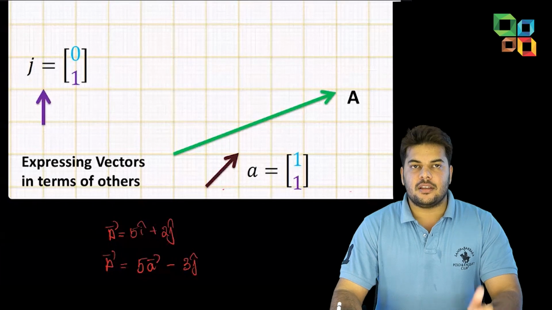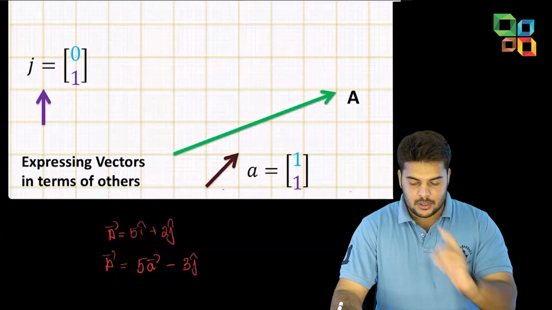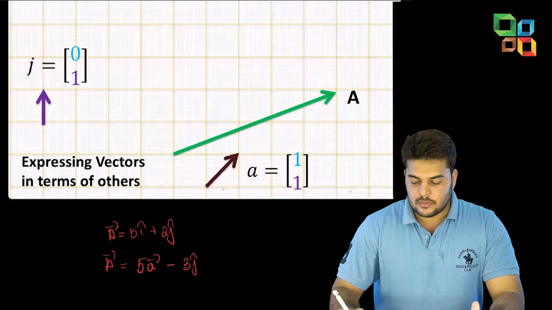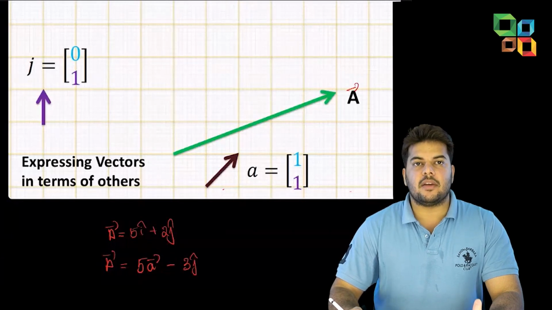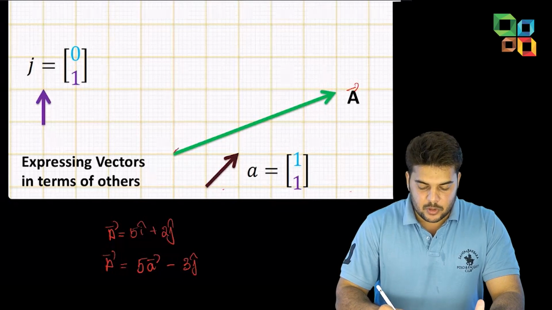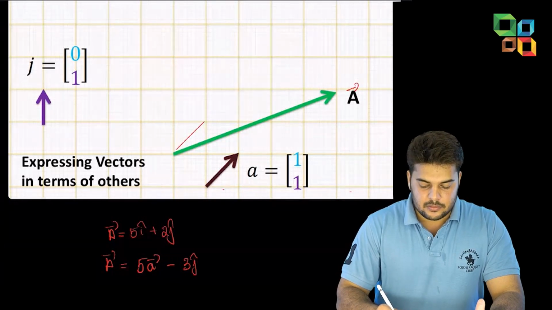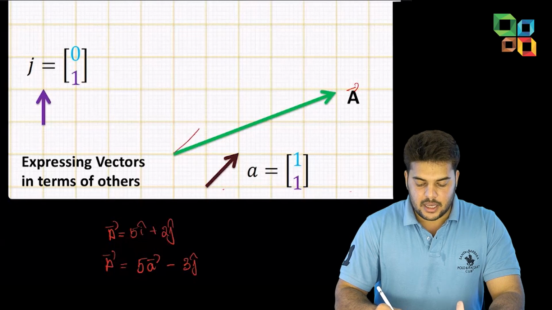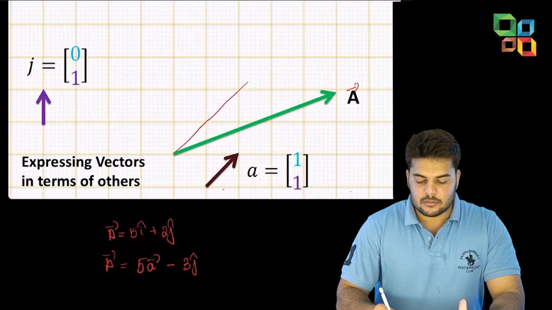Let's see. So I want capital A vector here. So let me use the small a vectors. What is small a vector? Small a vector is this, isn't it? So I have to go only in that direction, right?